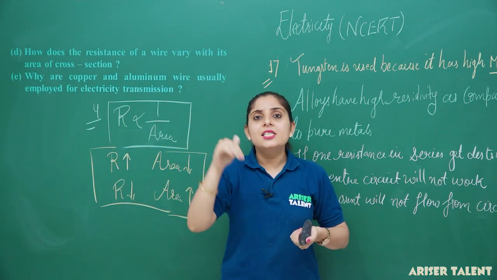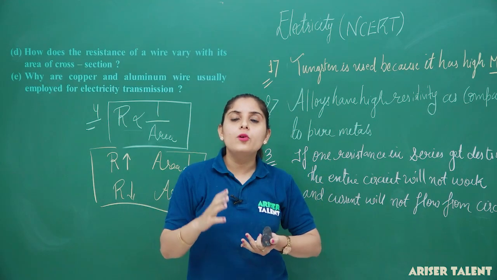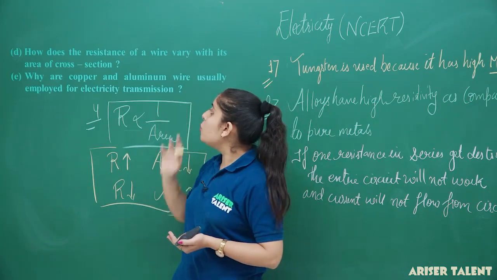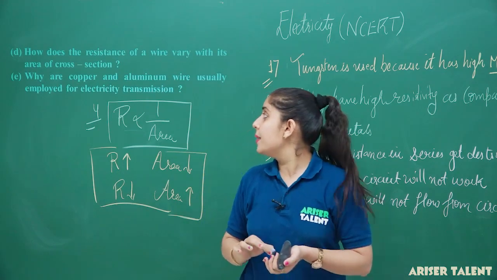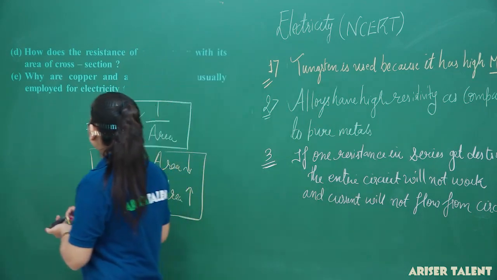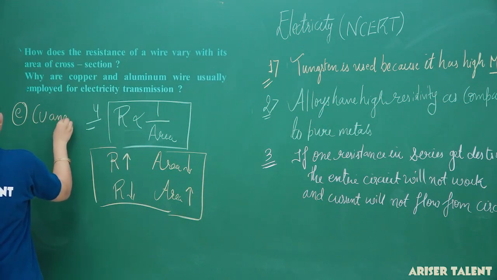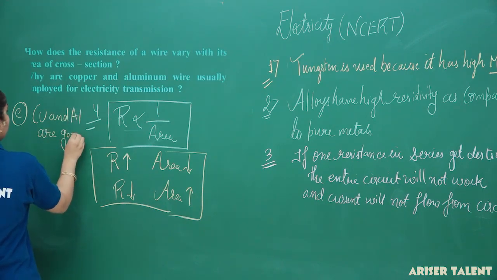They are good conductors only because they have a very low value of resistivity. So these have a low resistivity, that's why we employ copper and aluminium wires in electricity transmission.